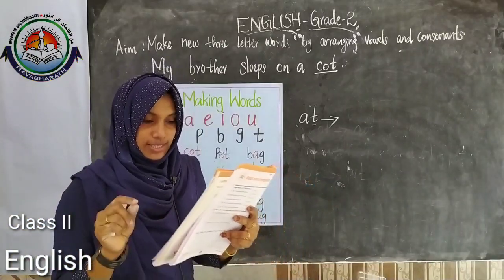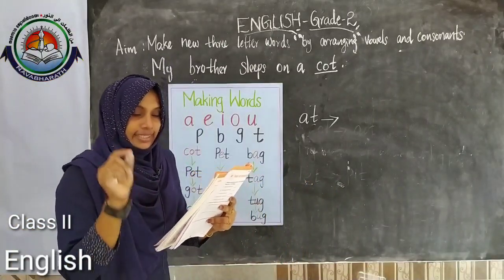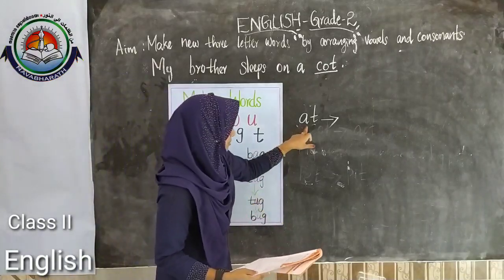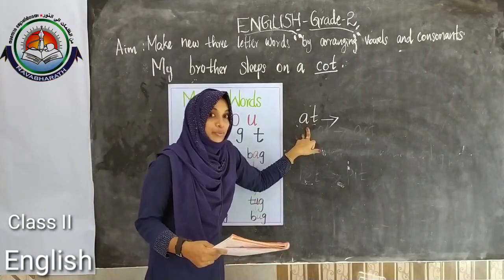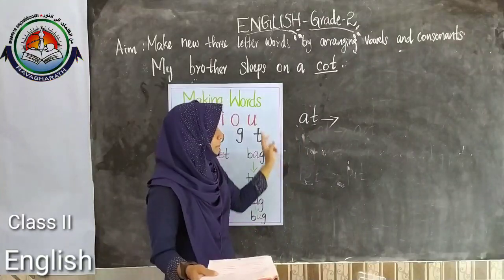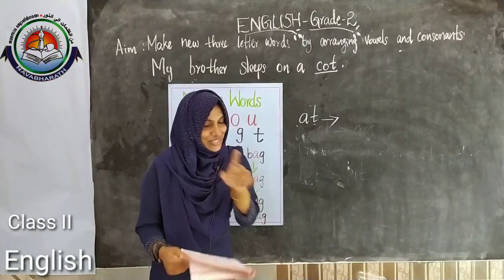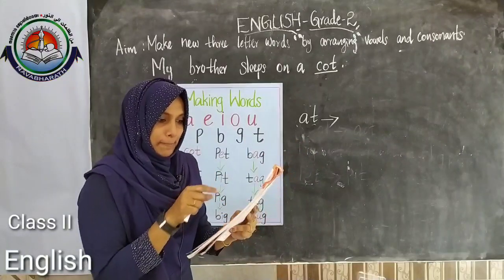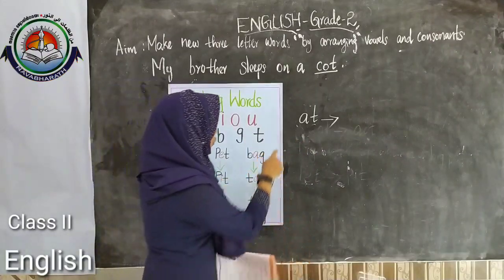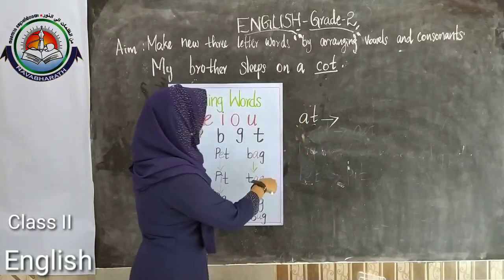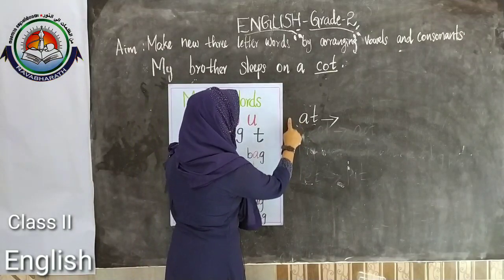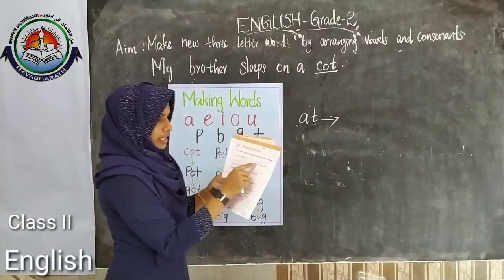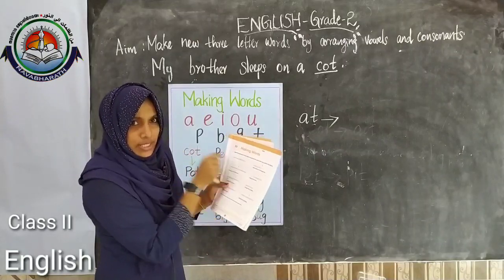There is a phrase: add a letter to the beginning. From this word, you have to add a letter to make a new word which is suitable to this sentence. So, what is that word? A pig is short and, okay, let's take bat. Does the word bat match this sentence?